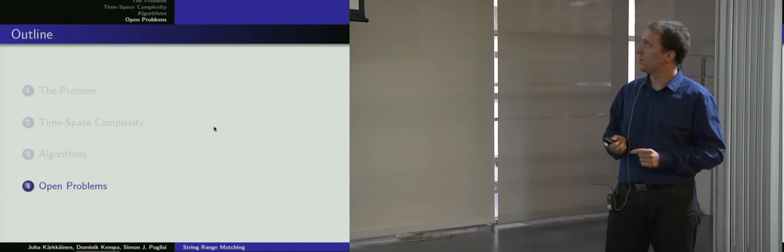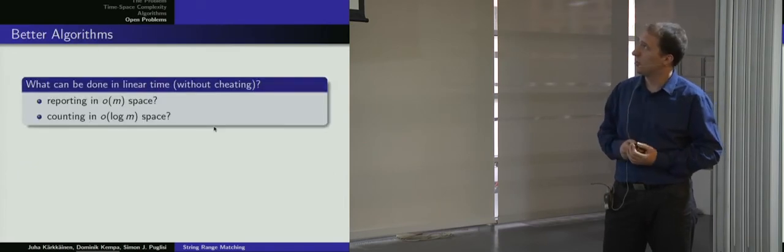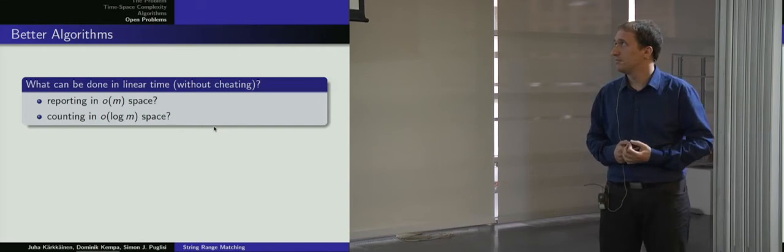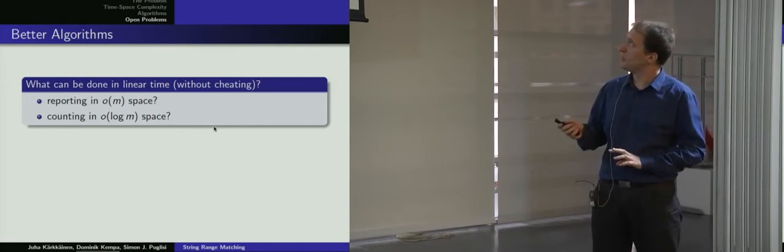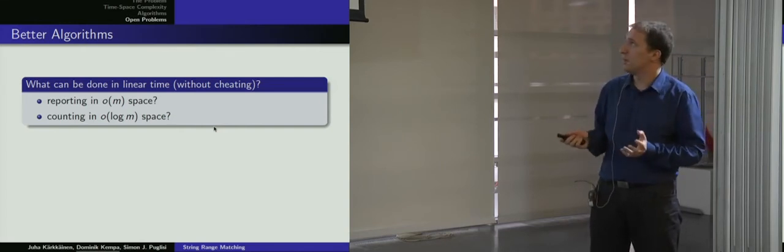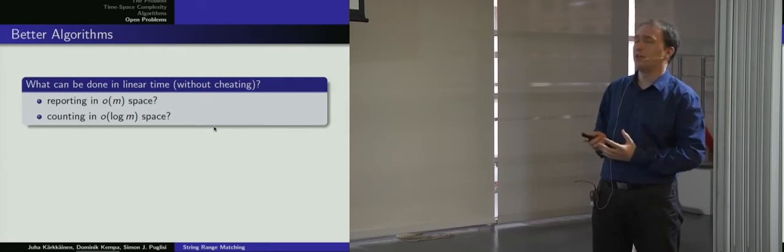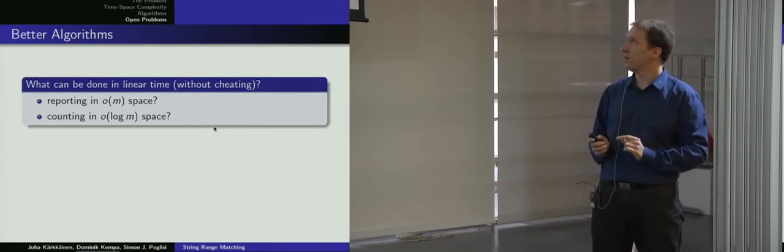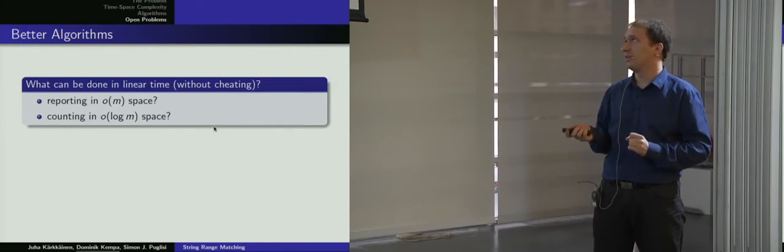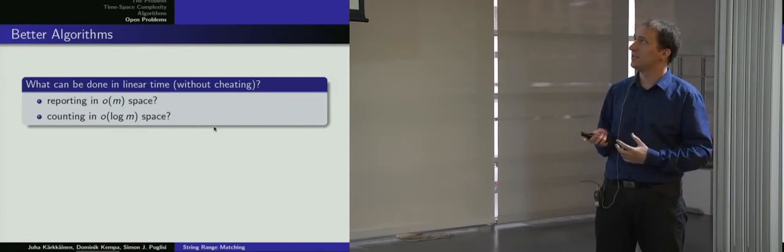So finally, let me tell you a bit about open problems. There are many questions you could ask. For example, what can we do in linear time without cheating? Can we do reporting in sublinear space? Can we do counting in sublogarithmic space?